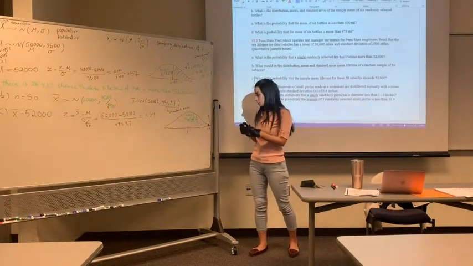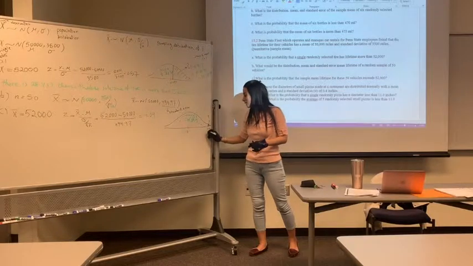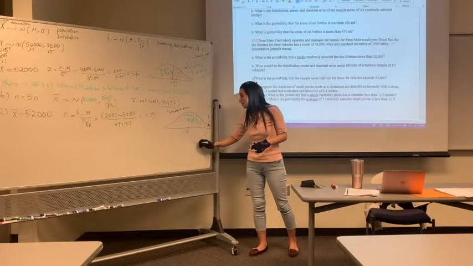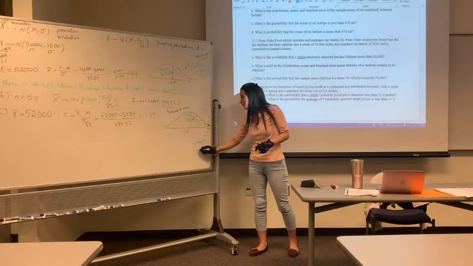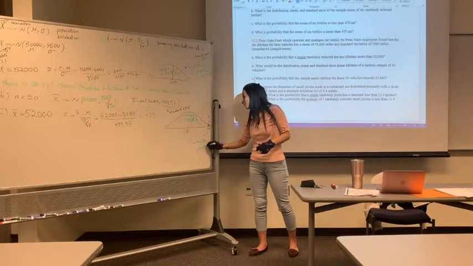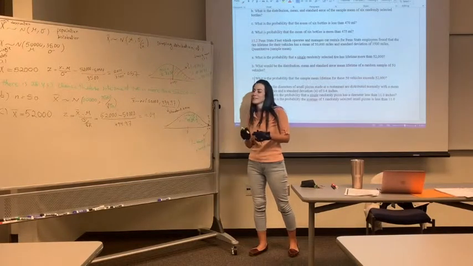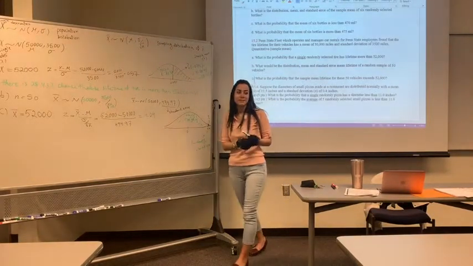Okay. So to find this, this area is now 1 minus almost 1, which is almost 0. So how do we explain this?